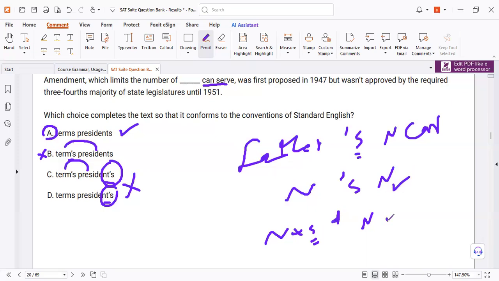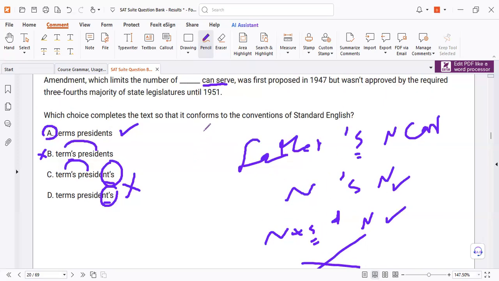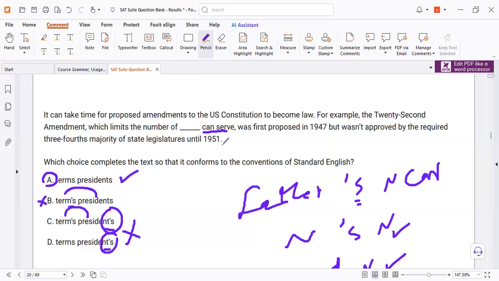So expect that or that. If we have possession meaning, how can I know? We change and use of, like the car of my father. If you are talking about the car of the father, it can be, but here we don't have that. That's why. Always check meaning.